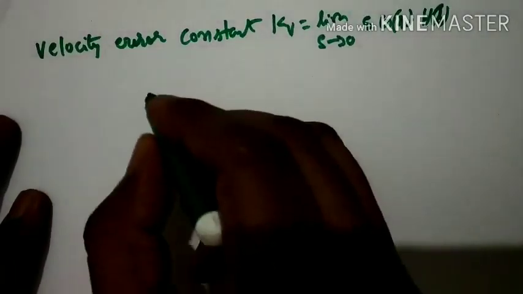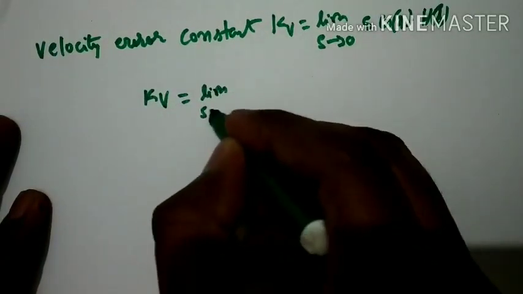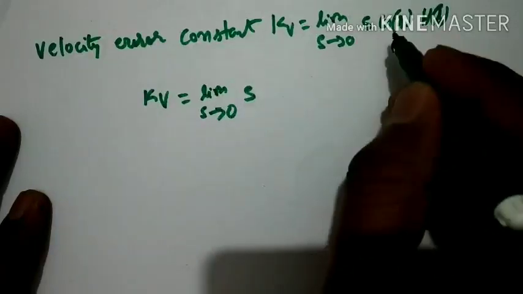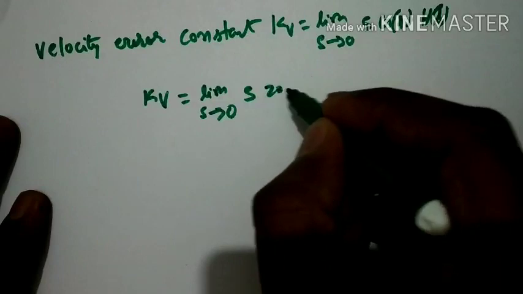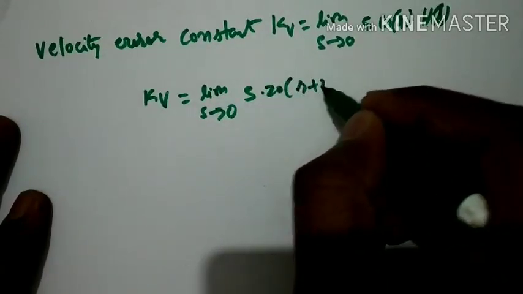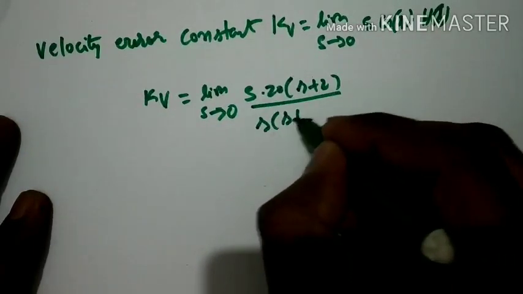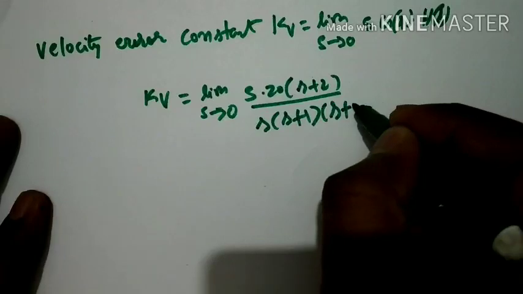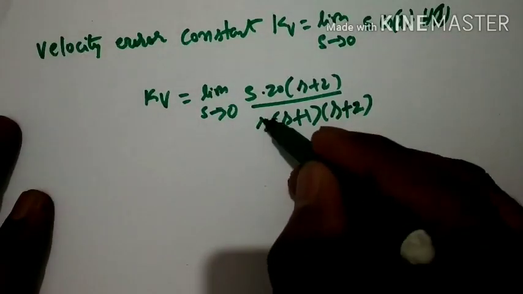So you have to substitute here, Kv is equal to limit s tends to 0. So what is our G(s)? G(s) is equal to 20 into (s plus 2) by s into (s plus 1) into (s plus 2). This is your open loop transfer function. So now the s gets cancelled.